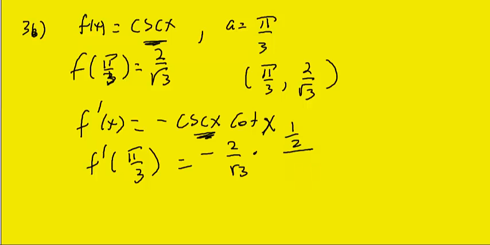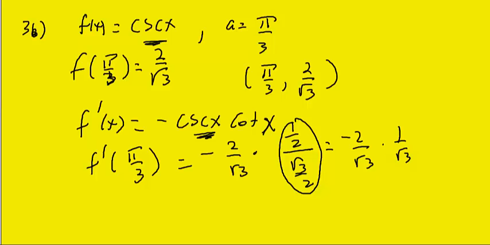And then sine of pi thirds is rad 3 over 2. So when you simplify all this, you get negative 2 over rad 3, and this becomes what? 1 over rad 3. And that becomes negative 2 over 3, and there's your slope. Okay, so my m is equal to negative 2 over 3.